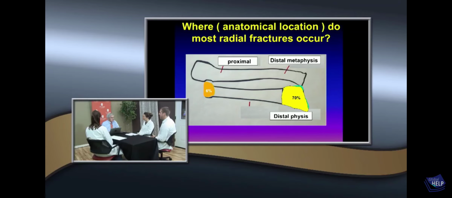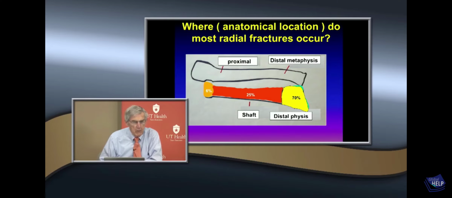Not as often. No, it's pretty rare, really. About 6%. It's pretty rare to see proximal fractures, and we'll have a whole discussion on that. So that leaves us the shaft. So the message here is only about 25% of the fractures involving the radius and ulna occur in the shaft.